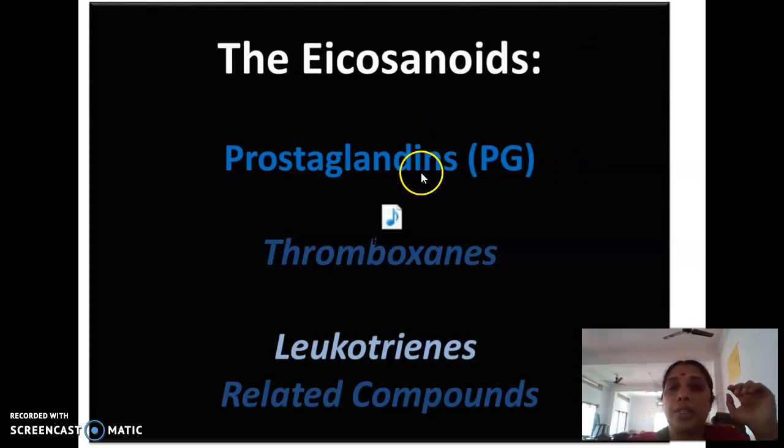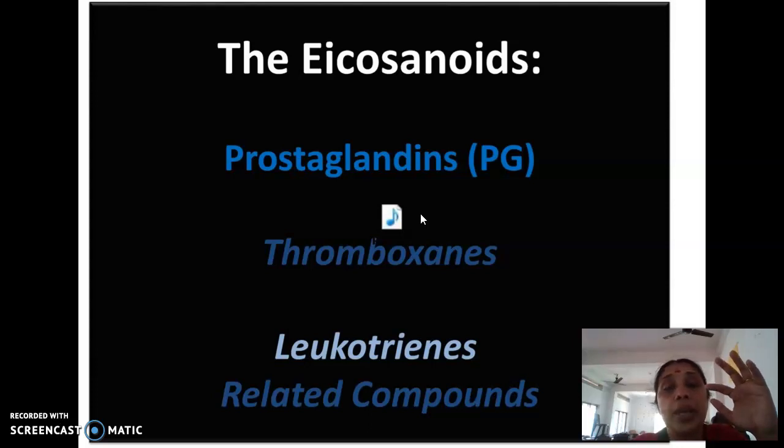And which are the eicosanoids? Eicosanoids fall into mainly different categories: the prostaglandins, prostacyclins, thromboxanes, and leukotrienes. These are the main eicosanoids.